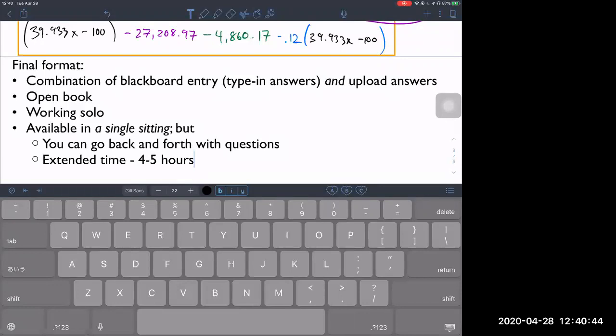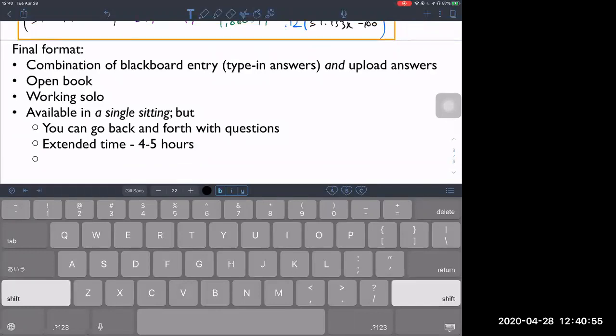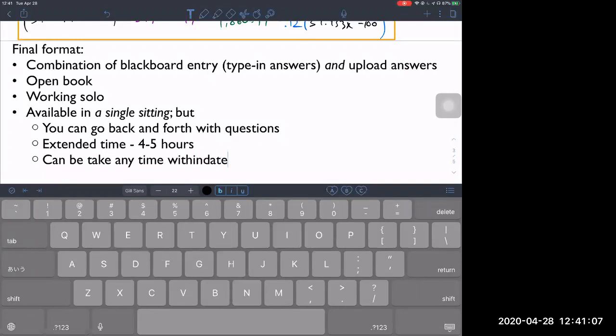So will we have this on like Tuesday? Only on Tuesday you can take it, or can you decide to open it a certain day of the week and take it? Right, so this can be taken anytime within dates I will provide.